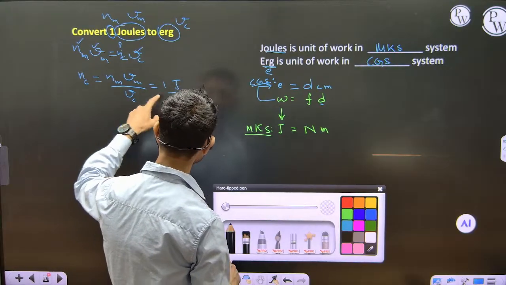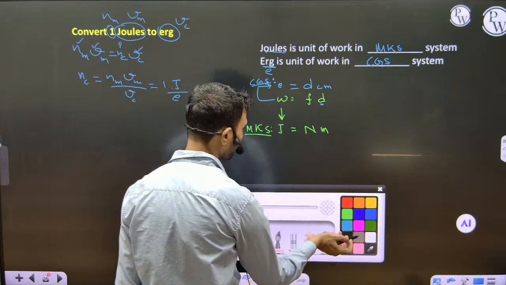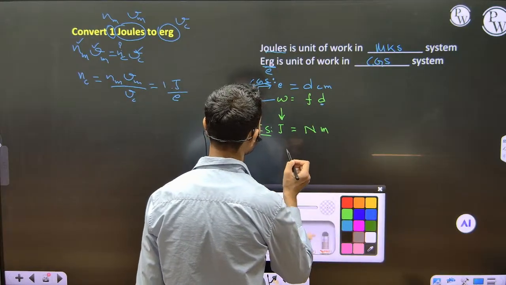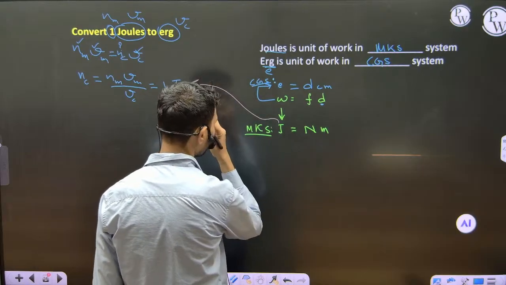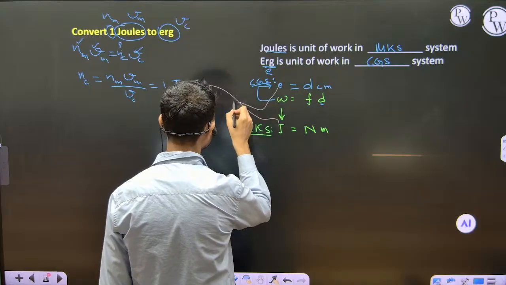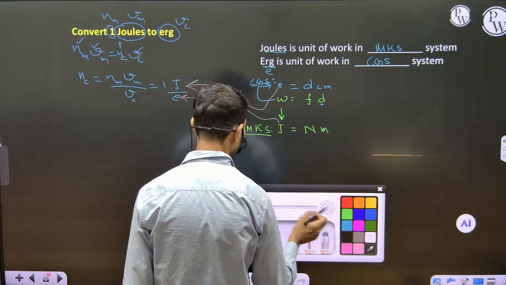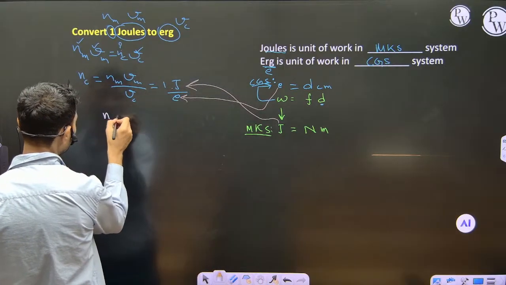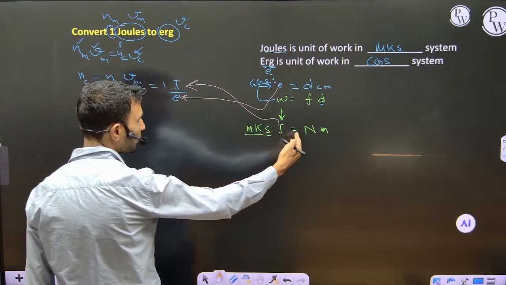And to find out Nc, I need J upon E, right? And I have the values, don't I? I have J, I have E. J value I can take and substitute it here, E value I can take and substitute it here, and then I will get my answer. So Nc is coming out to be what? J upon E. And J value, how much are we going to put?